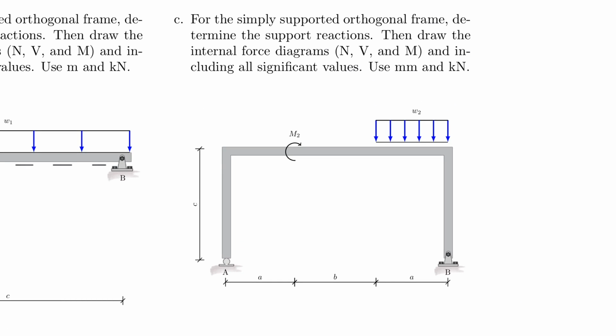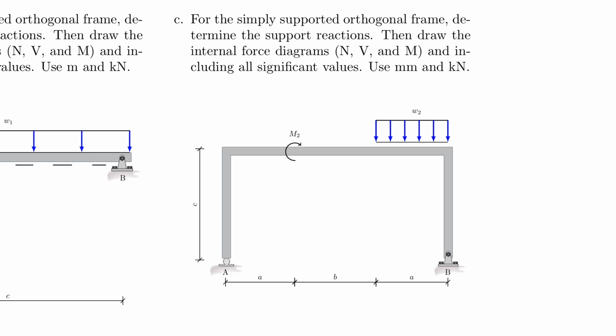So now we have a frame with two right-angled corners, or orthogonal corners. One is here on the left and one is on the right. But to find your support reactions, you really don't need to consider anything differently than you've done for beams in the past. The only thing that changes is how you find the internal forces in the vertical member.